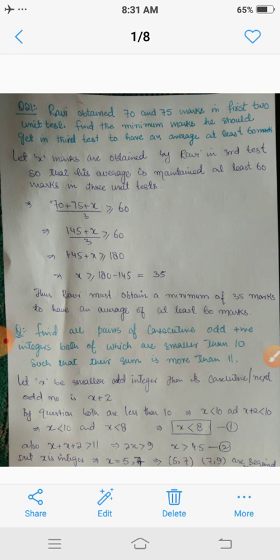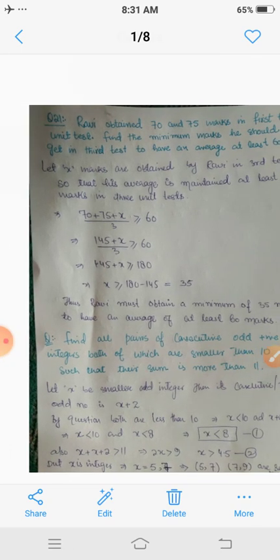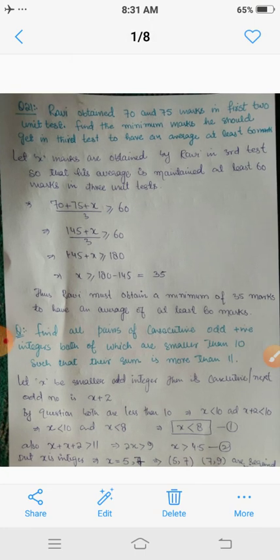This means that it should be greater than or equal to 60. After simplifying this inequality, we simply get x greater than or equal to 35. Thus Ravi must obtain a minimum of 35 marks to have an average of at least 60 marks. So in this way you can solve this problem.